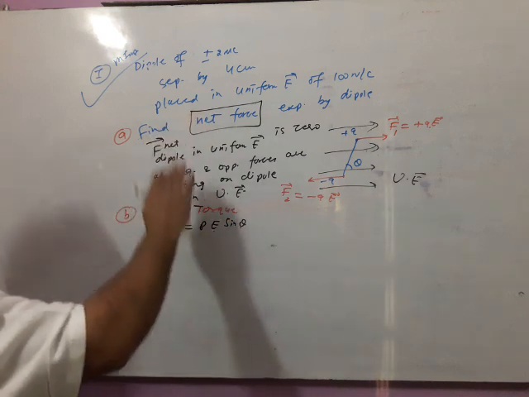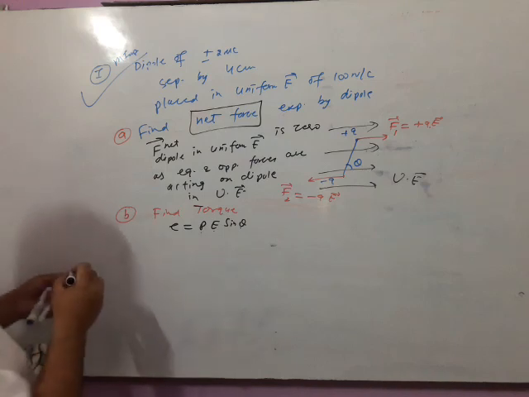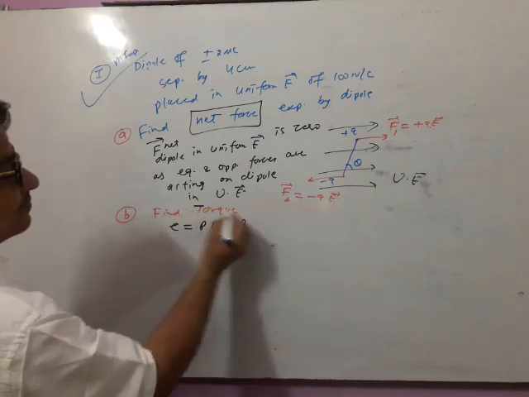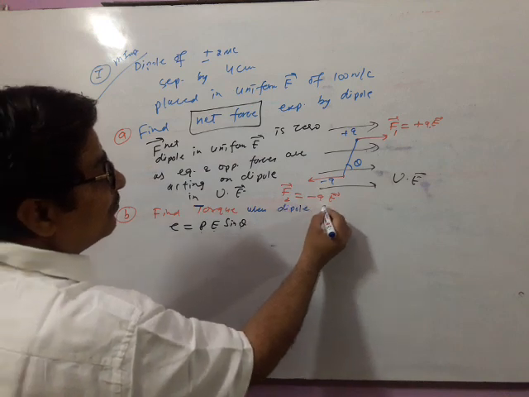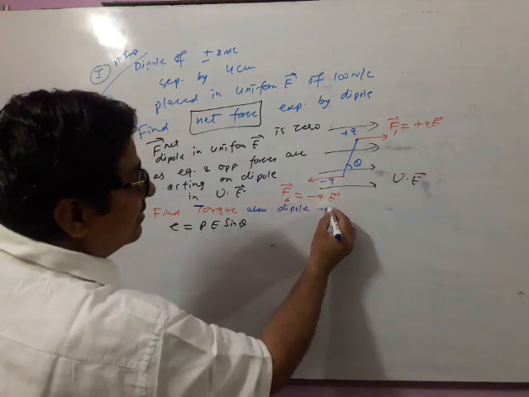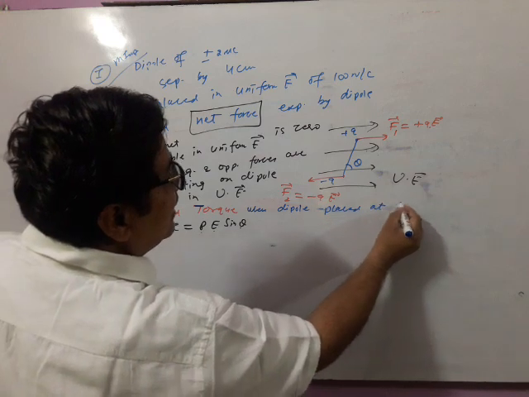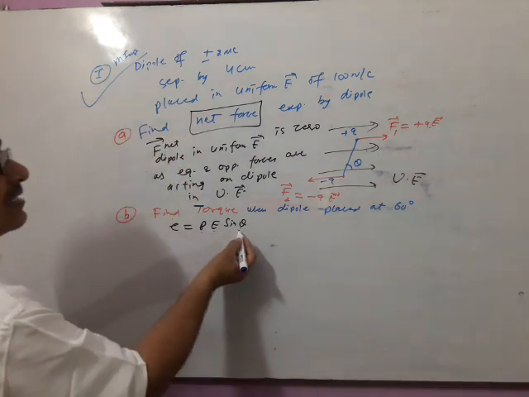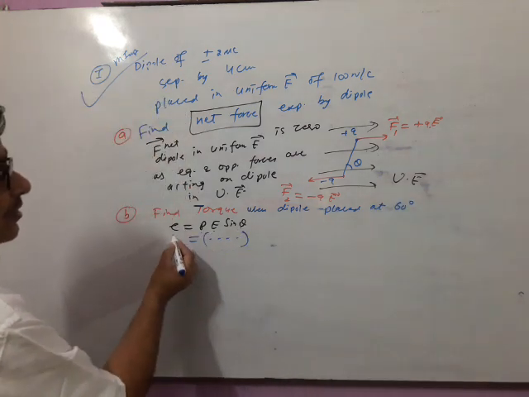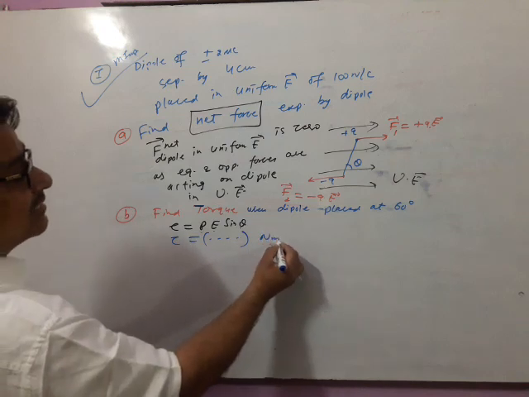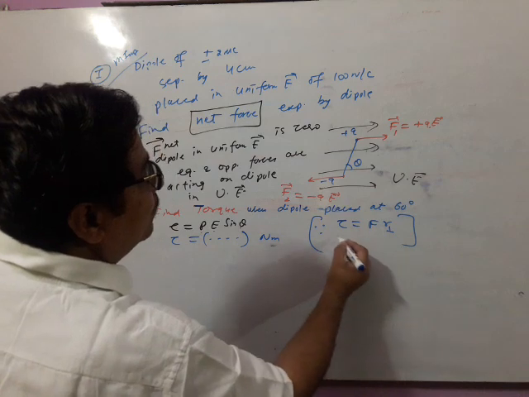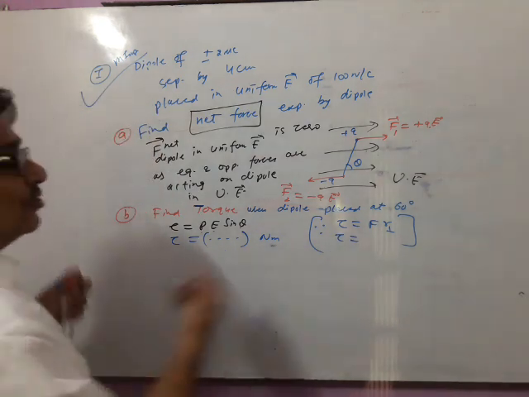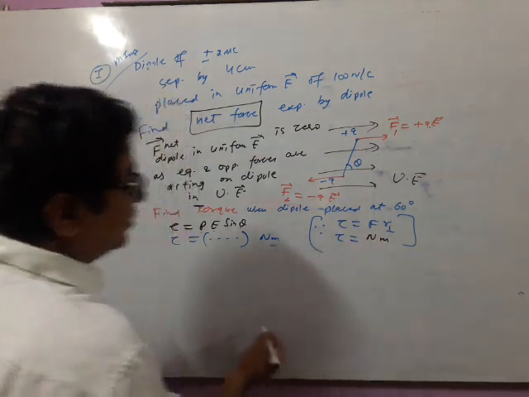If he is asking torque, then he will say like this: find torque when the dipole is placed at an angle theta, placed at an angle of 60 degrees. Then theta is given. Input the values. Units of torque should be written as Newton meter, because torque is force into perpendicular distance. So units will become Newton into meter.